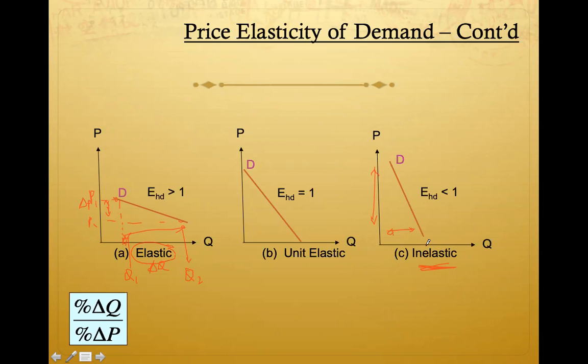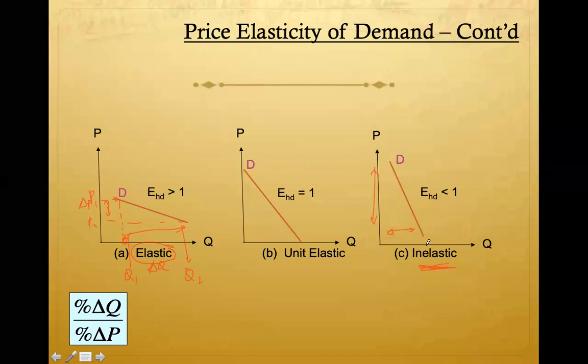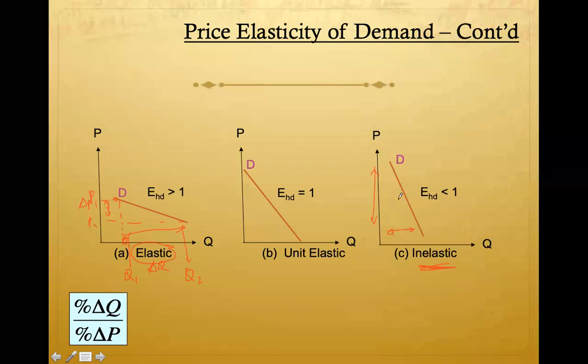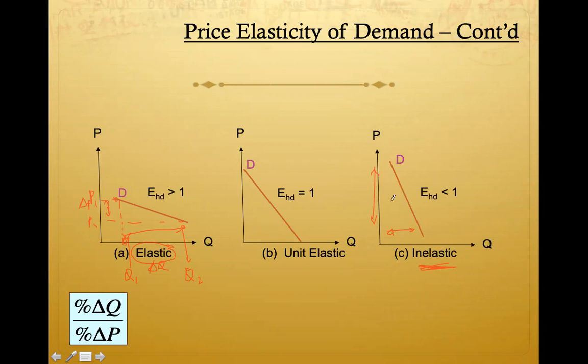She won't say, because it is cheap, I will add 2 or 3 more tablespoons. That will not happen, which means the product is inelastic. Even when the price changes a lot, the quantity stays about the same.